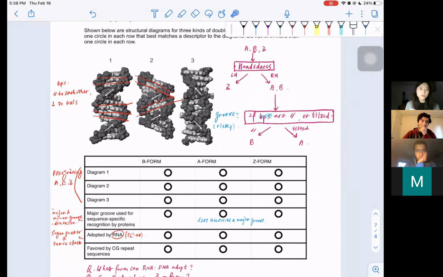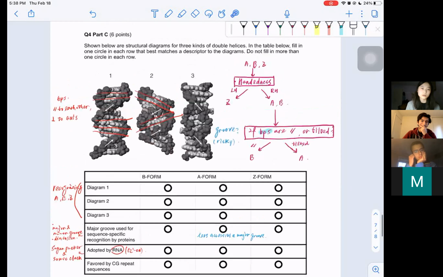I think approaching through the groove is also okay, but for me, it's kind of hard to tell, because in either case, you have this alternating wide and narrow, and sometimes it's just hard to tell. But from the orientation of base pairs, see in diagram A, they are more ordered, they're all parallel to each other, and in B, they're tilted or twisted against each other.